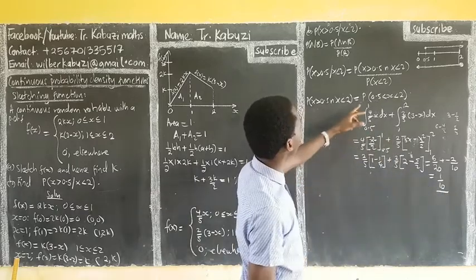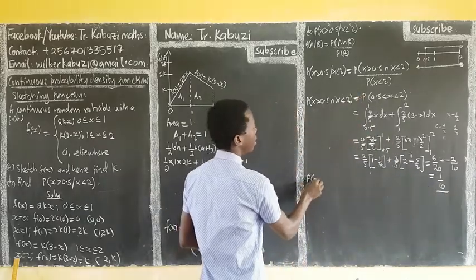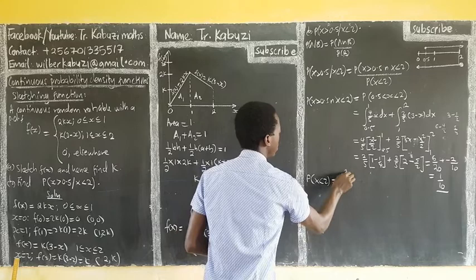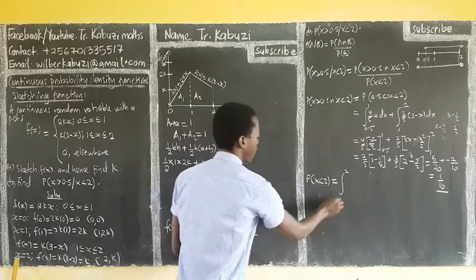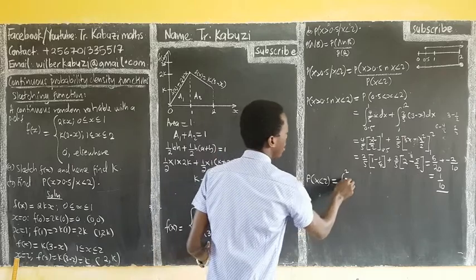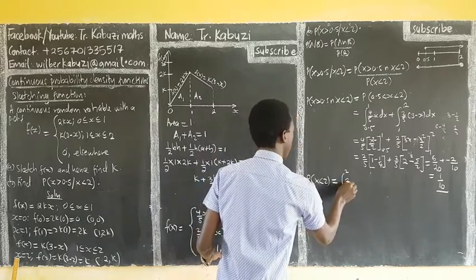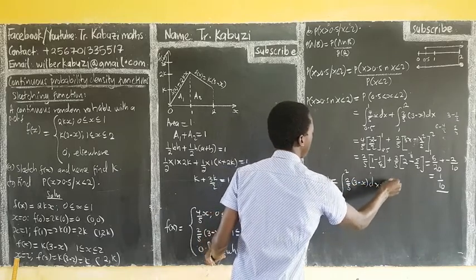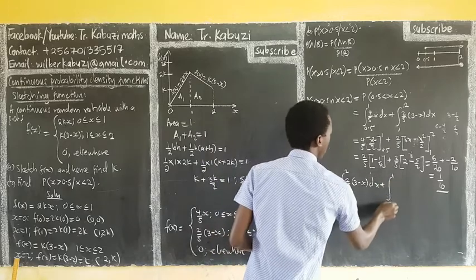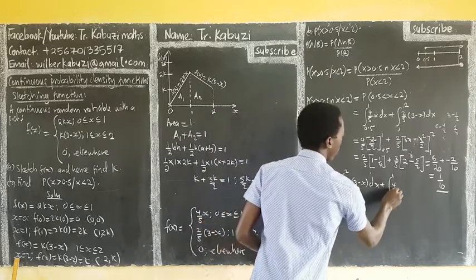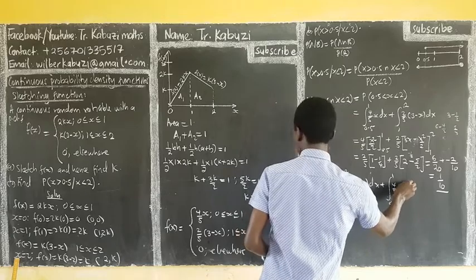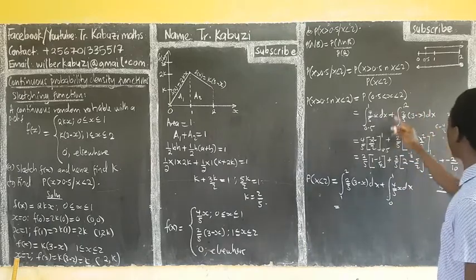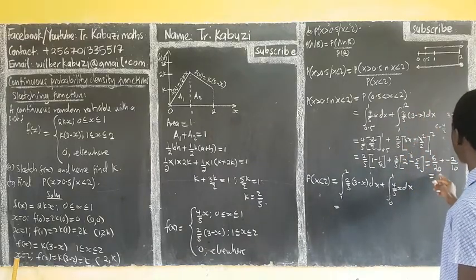Now when I come to the integral for the probability of x less than 2, this will be from 1 to 2 of 2 over 5 into 3 minus x dx, then plus from 0 to 1 of 4 over 5 x dx. When we interpret this, all of this is leaving us.